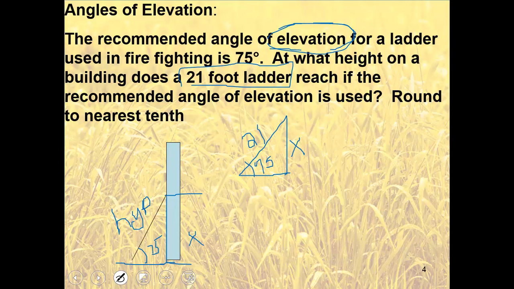So now, which trig function do we want to use? We have opposite and a hypotenuse. So we would use the sine of 75 degrees has to equal x over the hypotenuse, which is 21. So to solve for x, I multiply both sides by 21.